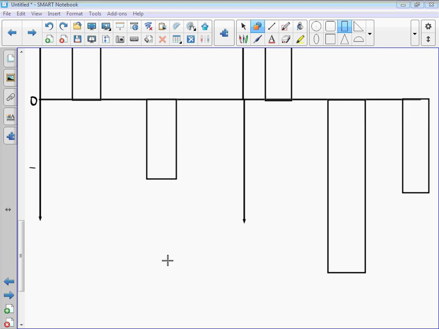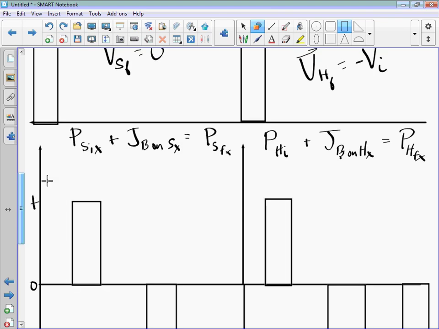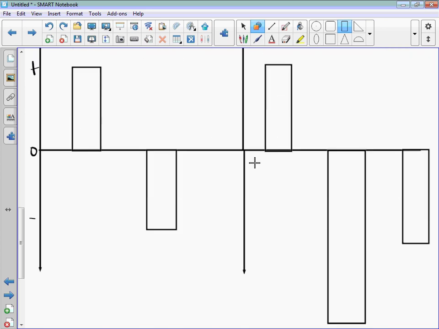So if you go back up and see how these were arranged, we have the momentum of the sad ball initially in the x direction, plus the impulse of the board on the sad ball in the x direction, equals the momentum of the sad ball final in the x direction. We can write those in a more specific way: mass of that ball times that initial velocity.